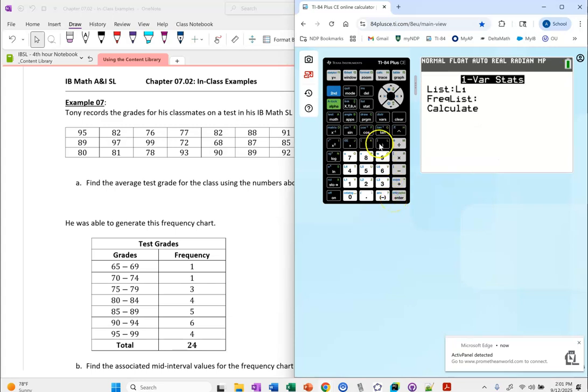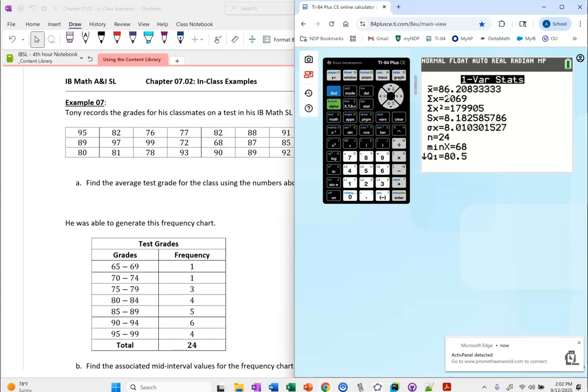List. You go L1, we have no frequency list for this, right? Because all these are just used one time. And we hit calculate, and the x bar is our mean. Gives us a whole bunch of other stuff, but the one we care about is the mean. So I press stat, I went over to calc, picked one var stats, made sure L1 was my list, the frequency can be blank, and I press enter.